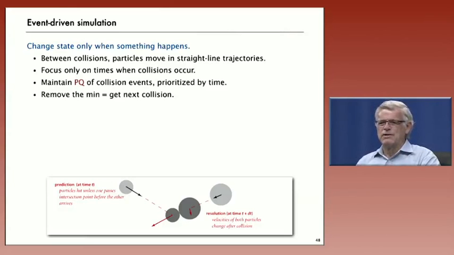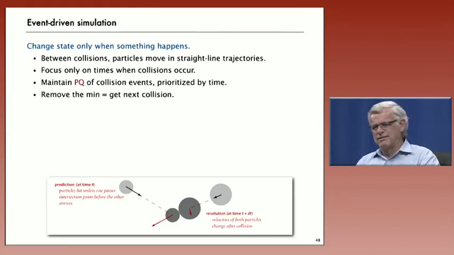And the way we're going to do that is to maintain a priority queue. That priority queue is going to have all the possible collisions that could happen in the future, and they're going to be prioritized by time. And when we remove the minimum element from the priority queue, that's the next collision that we have to deal with. And so we have two phases. We have prediction and resolution.